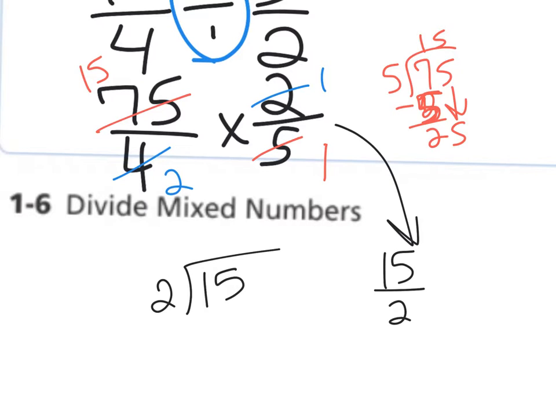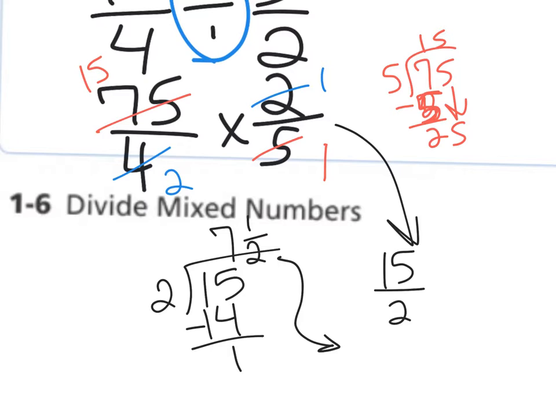So 15 halves, the improper fraction, so 15 divided by 2. 2 goes into 15, 7 times is 14, and we have 1 left out of 2. So that means we would be able to decorate 7.5 packages.